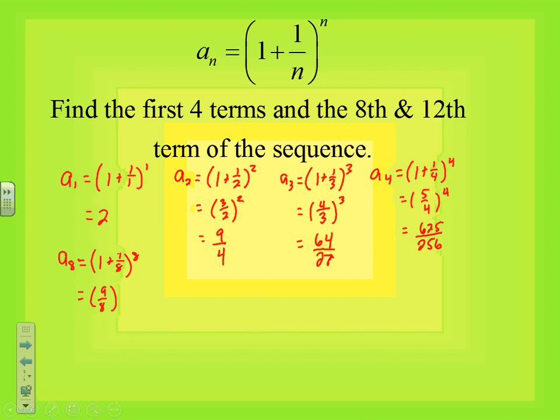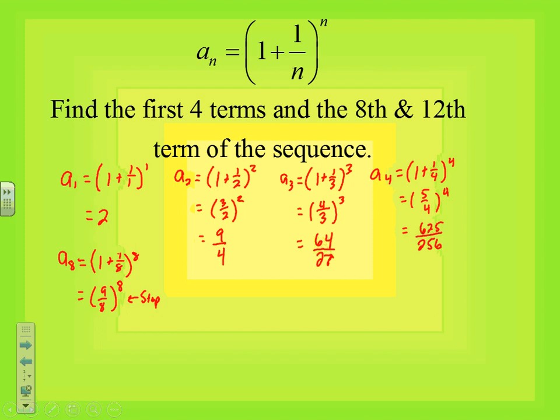And if you try to say 9 over 8 to the 8th power, or even if you just take the individual numbers, 9 to the 8th power or 8 to the 8th power, they give you something extremely big, something that is not very wieldy. The whole reason why we leave things as fractions is to avoid unwieldy decimals. Well, this works out to be a super big number with my fractions. So to keep things neat, to keep things simple, I'm going to stop right there. I'm not going to bother trying to see what 9 to the 8th power is, because it gets to be a very, very big number.